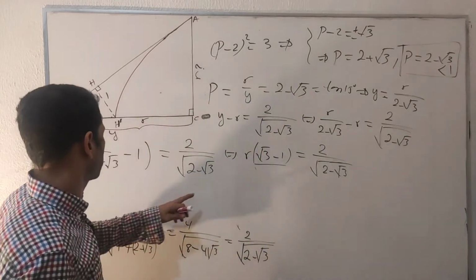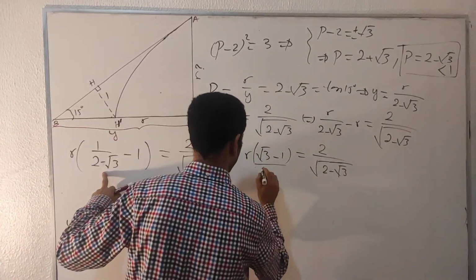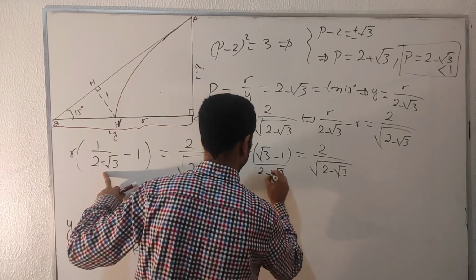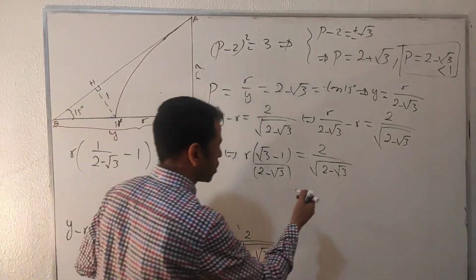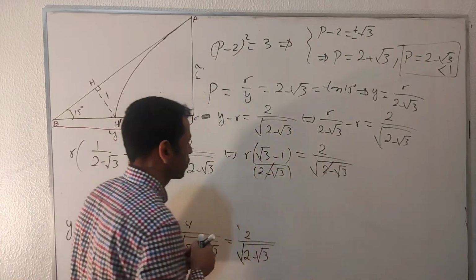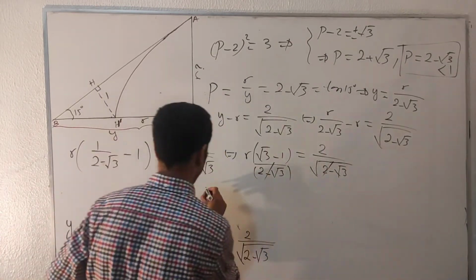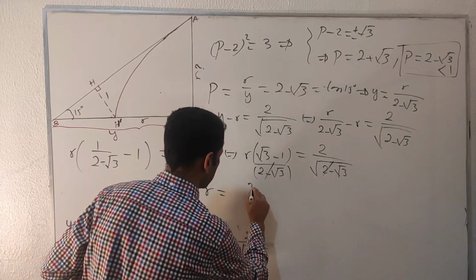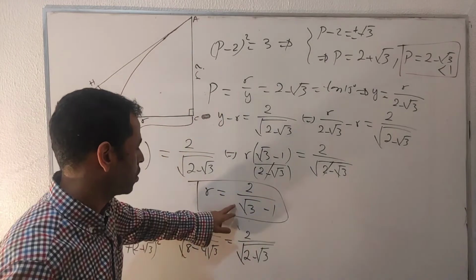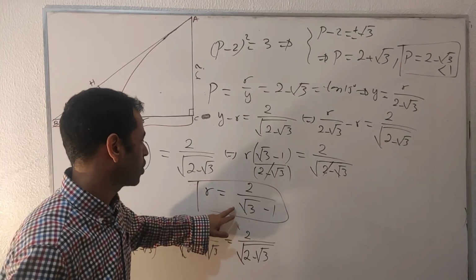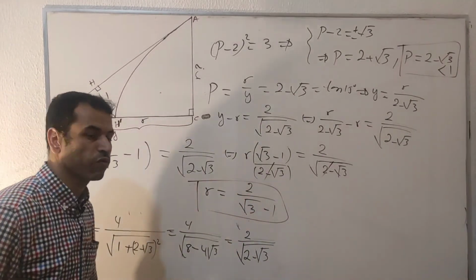Square root of 3 minus number 1 divided by this term, which is 2 minus square root of 3. The nice thing here, I'm going to cancel out this one with this one. So I will be left with r equals 2 over square root of 3 minus number 1. Okay, so I have determined the value of r, which is 2 over square root of 3 minus number 1.